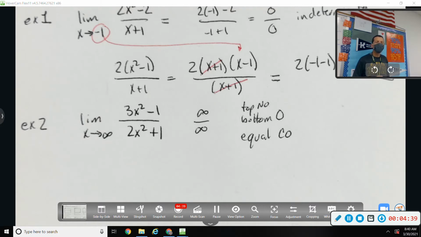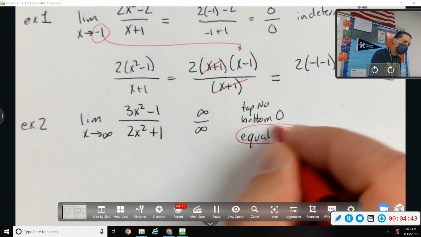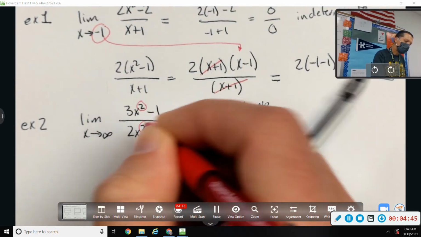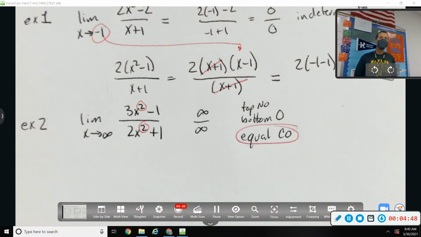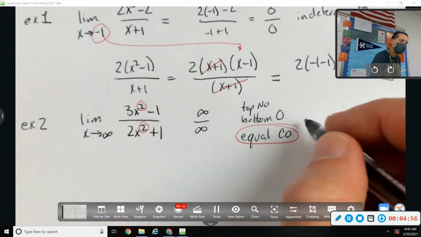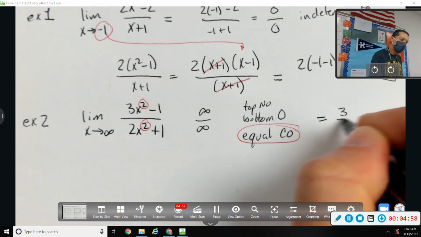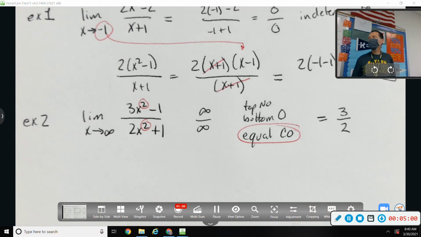So it is equal co. What's equal? Yeah, the degrees is what we're looking at. So what does co mean? So they have equal degrees, but what does co mean? 3 over 2, the coefficients. So 3/2.